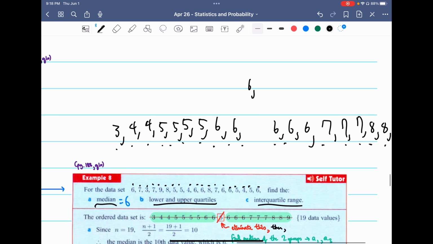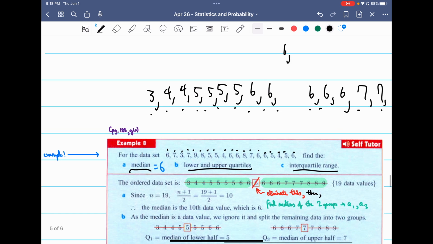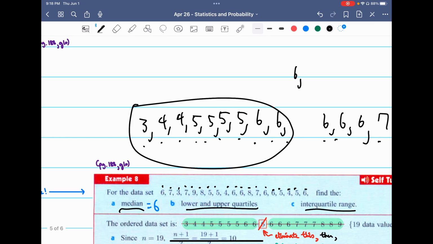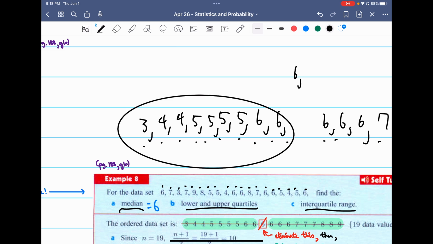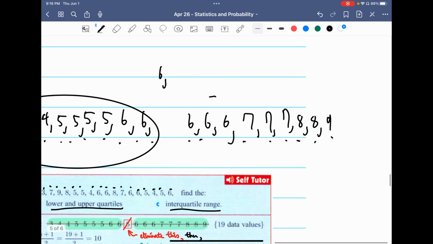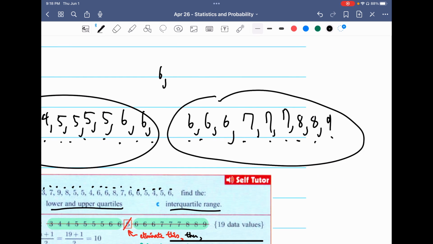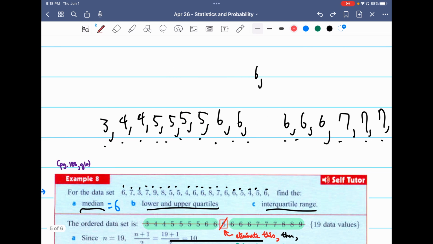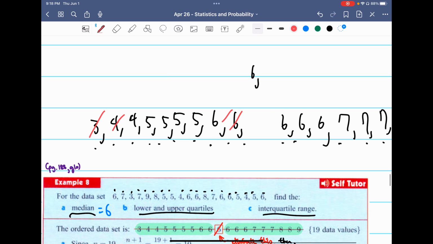without the median. Now, to find the lower quartile range, we're going to find another median value from this newly created individual set. And then to find the upper quartile, we're going to find the median from this set. So let's see. Using the elimination method, 1, 2, 3, 4, 5, 6, 7, 8.